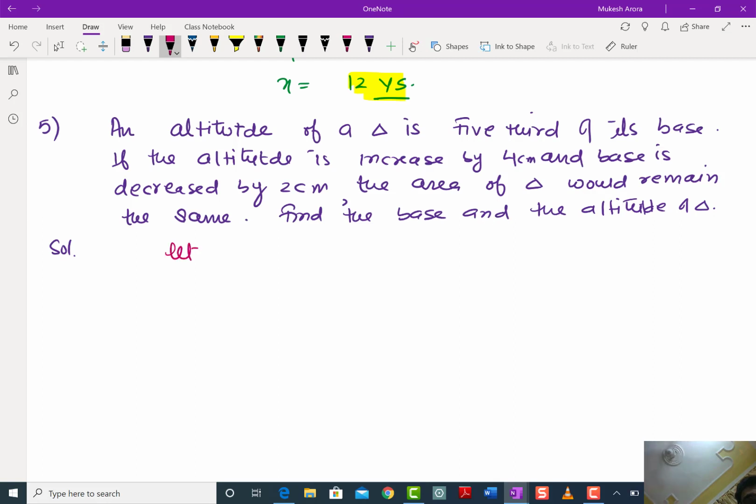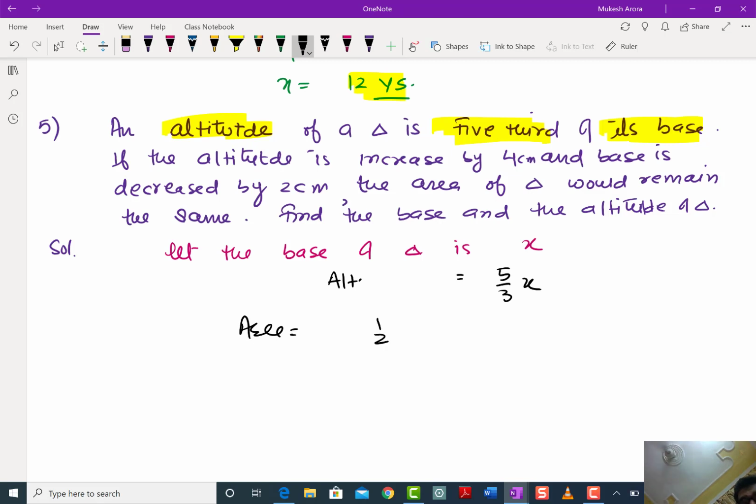The altitude of a triangle is 5/3 of the base. Let the base of the triangle be x and the altitude is 5/3 x. Area will be half into x into 5/3 x.